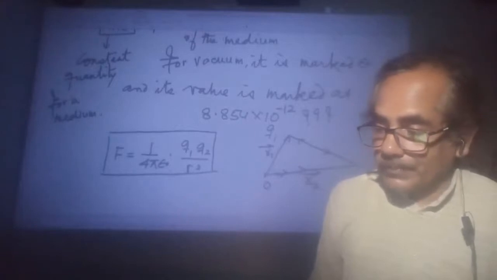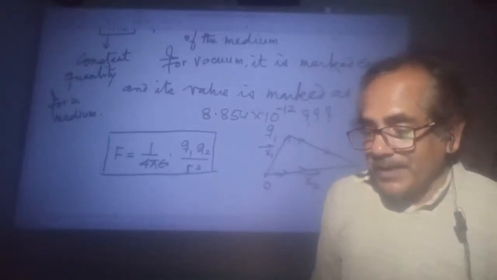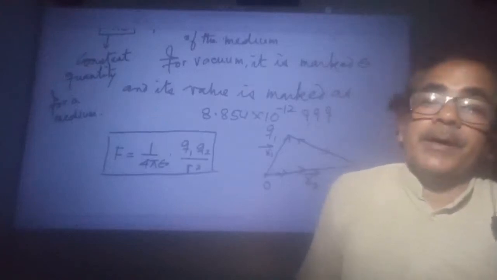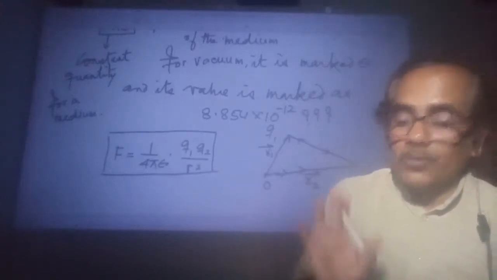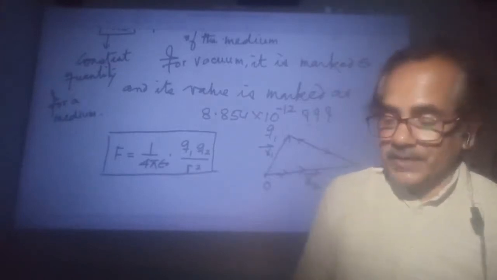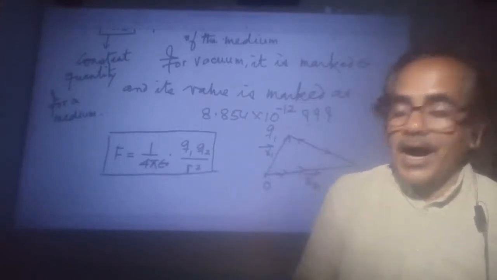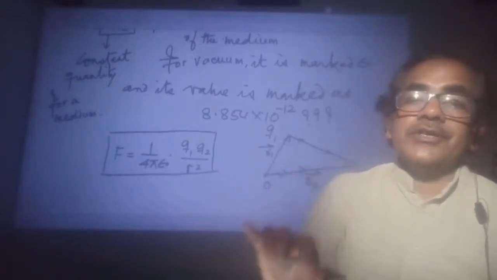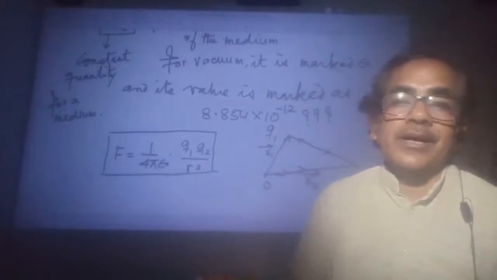It will be in either of the opposite directions, the direction of force is taken. But one thing is clear, that the resultant of the position vectors R1 and R2 is along the line on which the charges Q1 and Q2 exist.